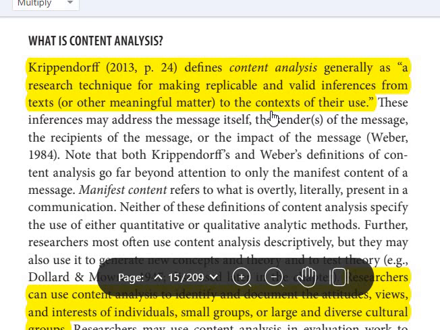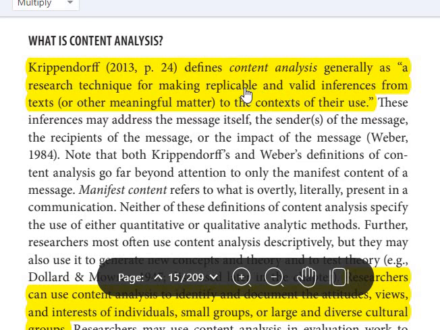Okay, so it's a research technique. This technique is used by researchers in different fields. It's not only used in EFL textbooks, which is for teaching English as a foreign language.